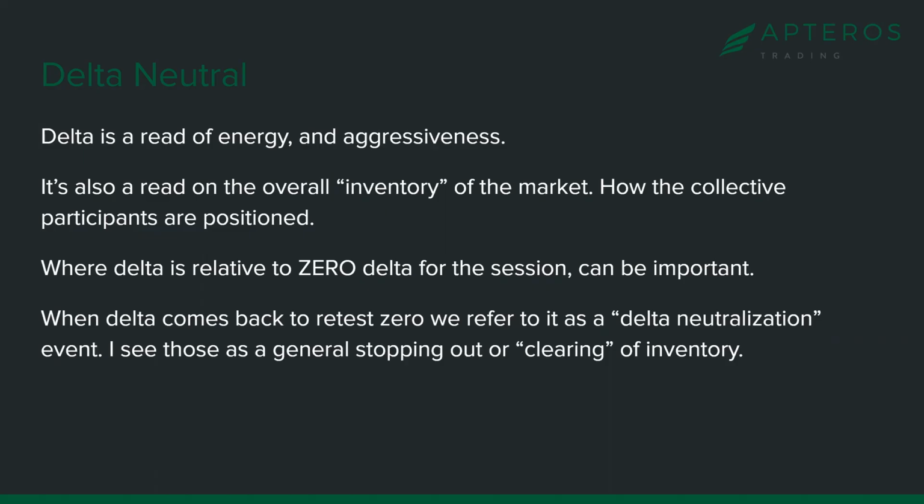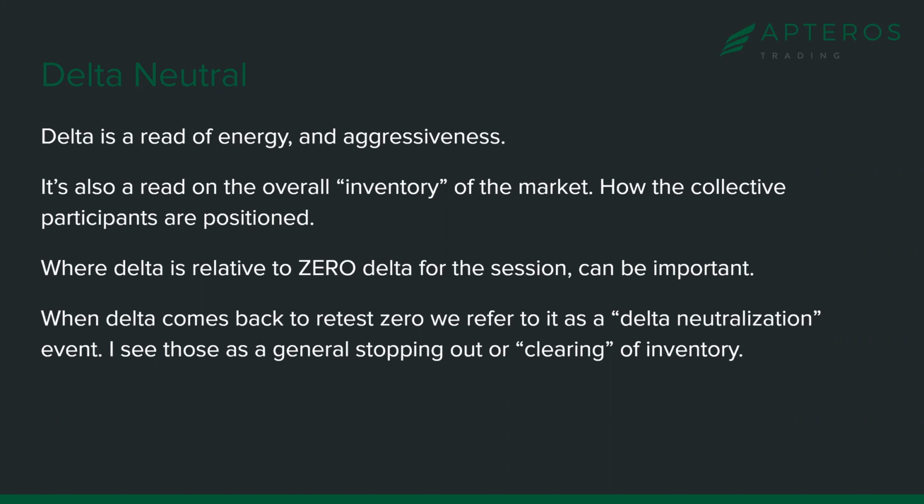It's not an exact science, but in general, it's going to hold up. So where delta is relative to neutral or zero, literally zero net delta for the session, it can be important. And you see the market care, actually. How delta reacts to zero actually is a thing.